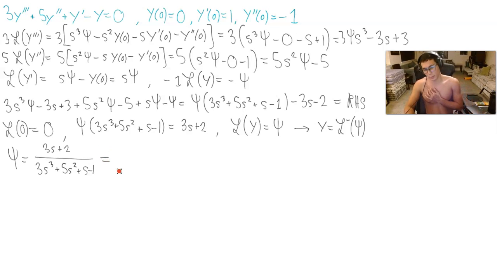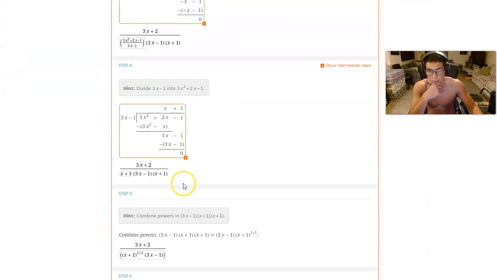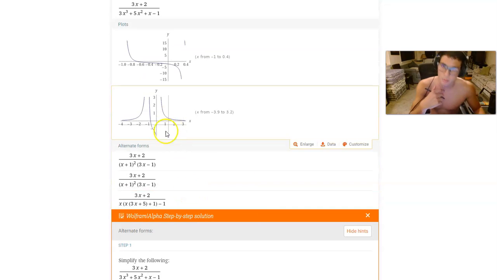So what can we do real quick? Is there some way we can factor this to make it a little bit nicer? I'm not going to lie, this part is really hard to do in my opinion. If you think it's easy, good for you, but this part here is really hard, so I'm just going to show you the answer from Alpha, how they do it.